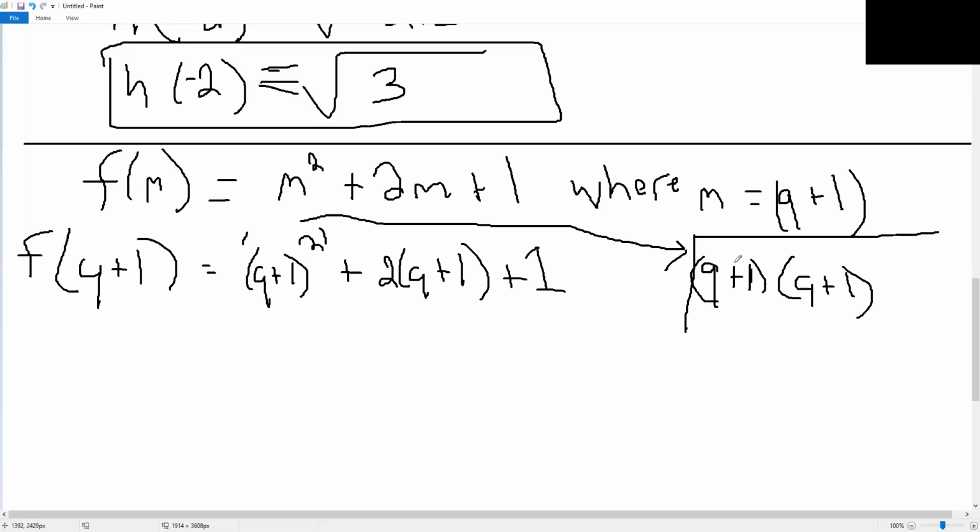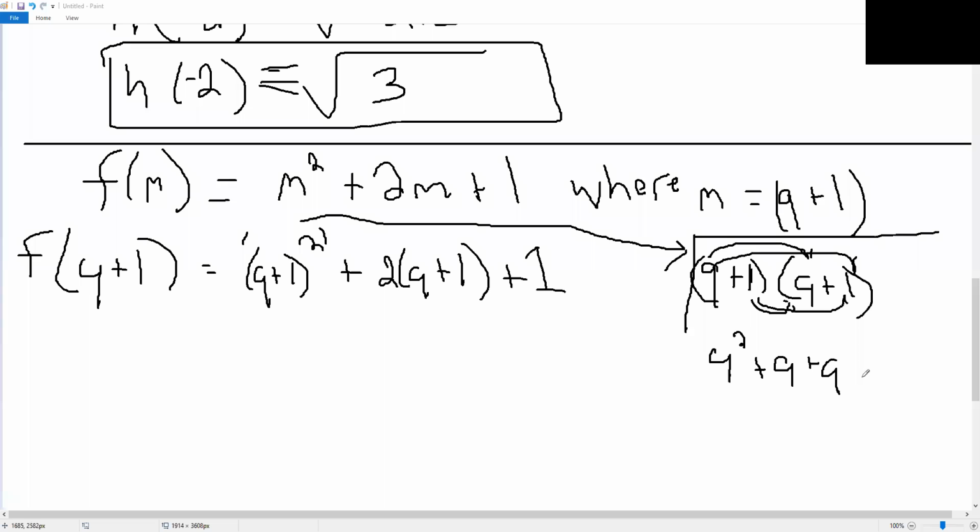We're going to use this method here. q times q, q squared, and then q times 1 is just q. 1 times q is just q, and 1 times 1 is just 1. So this can be written as q squared plus 2q plus 1. So that's what this gives us.